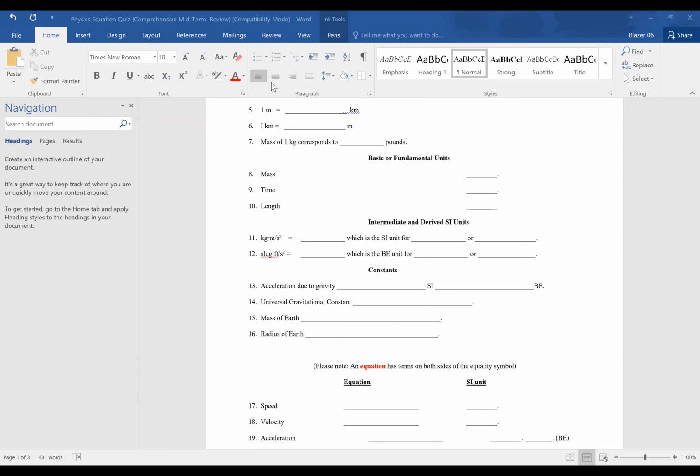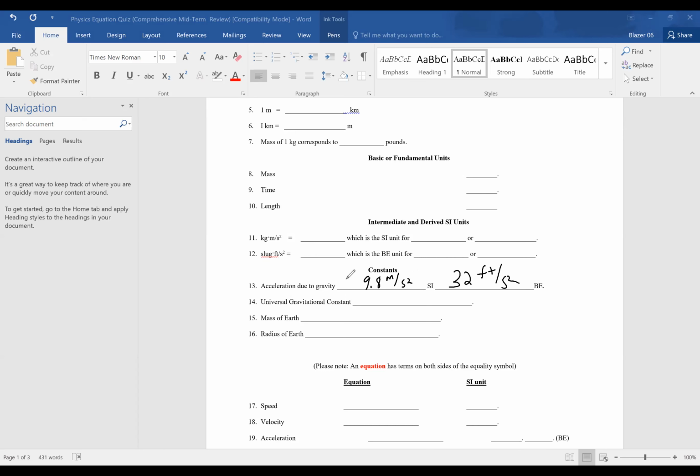So here, we already know the value for acceleration due to gravity. That value is 9.8 meters per second squared in the SI system and 32 feet per second squared in the British Empire or English units. The new thing we have learned now is the universal gravitational constant.